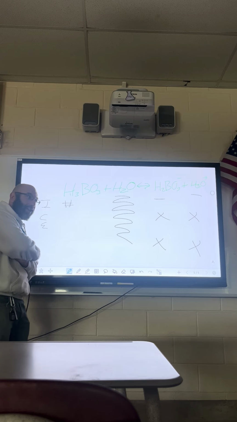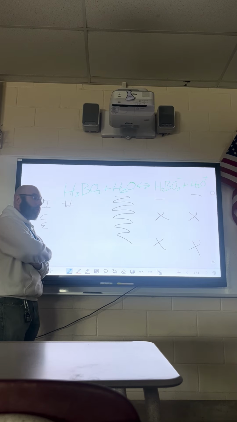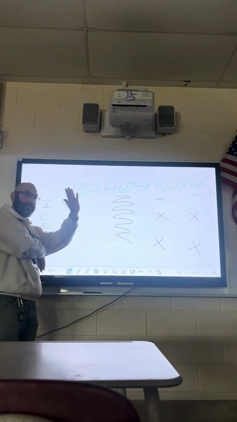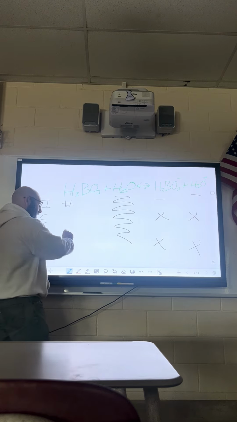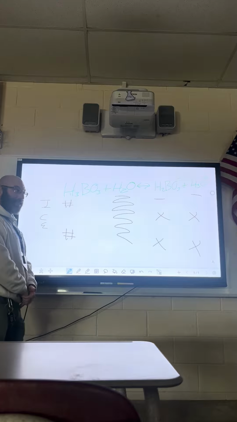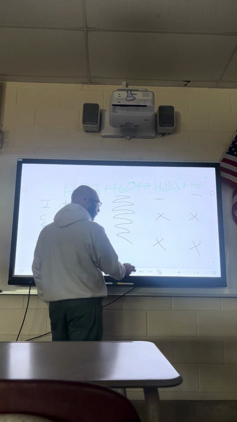K is really, really small, you just showed it to me, so what rule kicks into effect? Which means at equilibrium, this number is the same. From this, I can now do this.